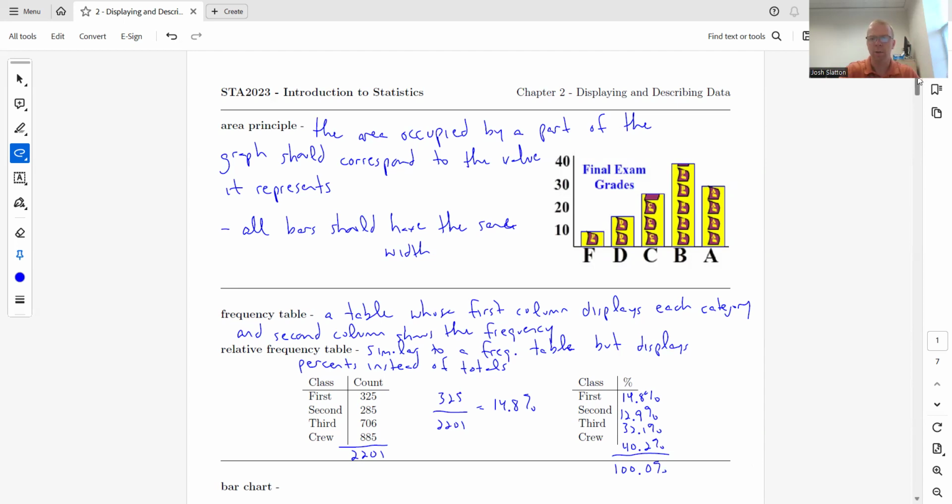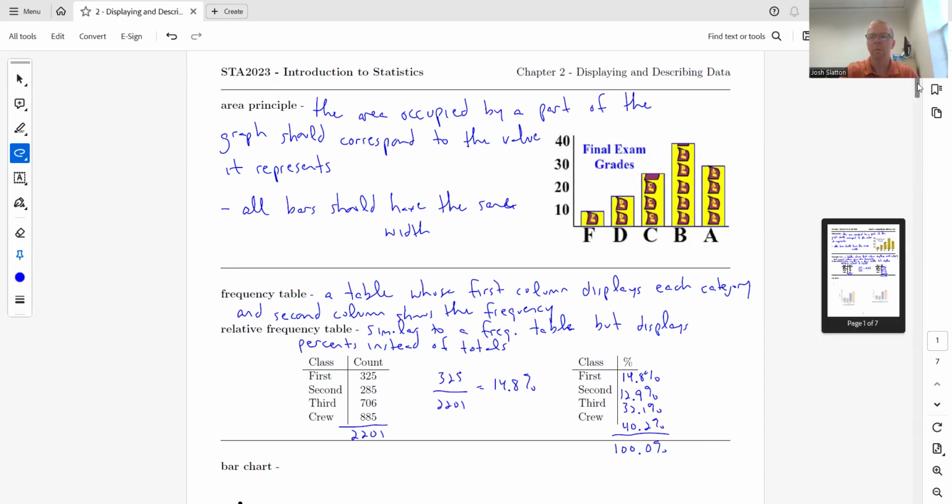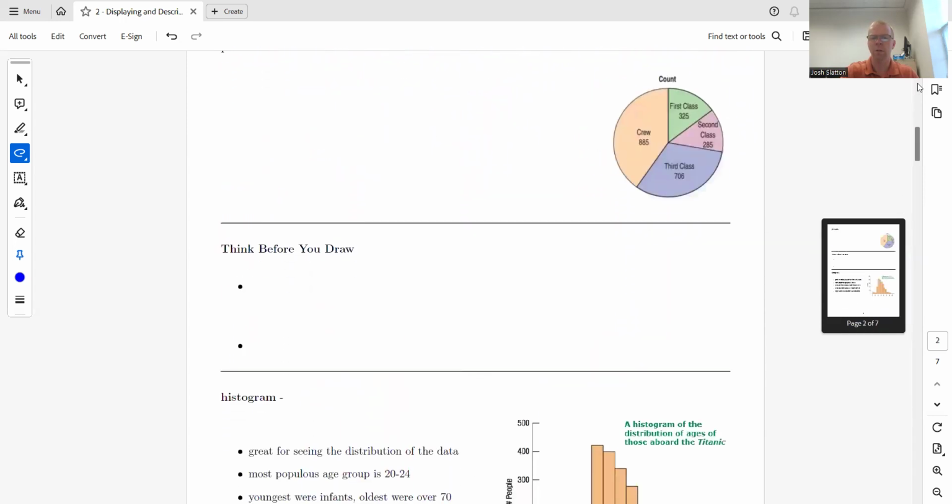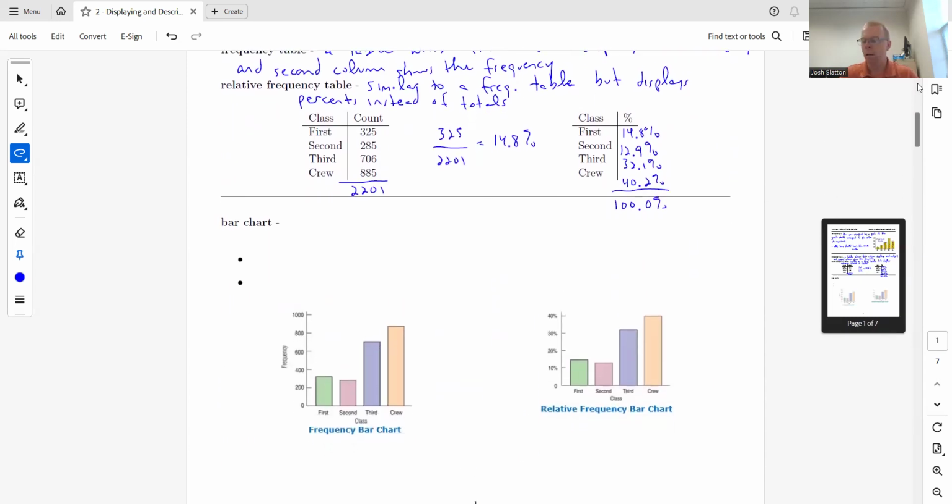All right, so let's talk about bar charts. Bar charts just display the frequency of each category.